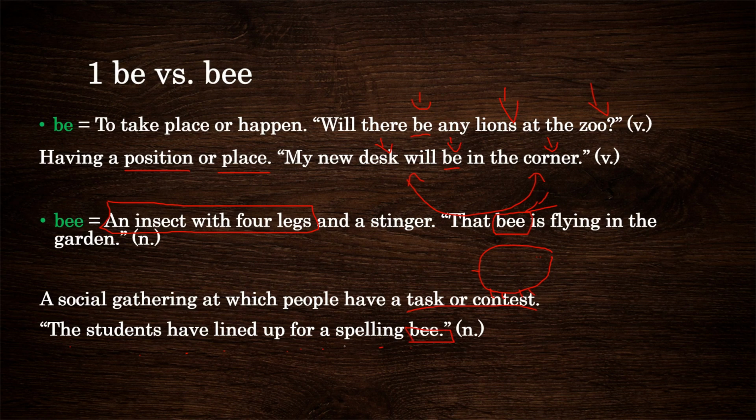It is talking about a spelling bee, which is a contest where students line up and try to spell. It's a task or a contest, a social gathering at which people have a task or a contest. This spelling bee is a contest, which means it must be this one.